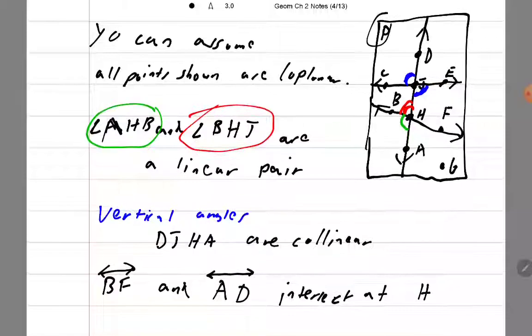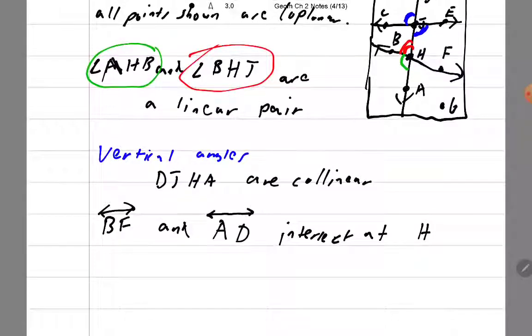Things you can't assume, for example: G, F, and E are not collinear because they're not on the same line. We don't know that BF and CE intersect. It looks like it does, but we can't assume that until they cross each other. Angles being congruent to each other, unless they're vertical angles.